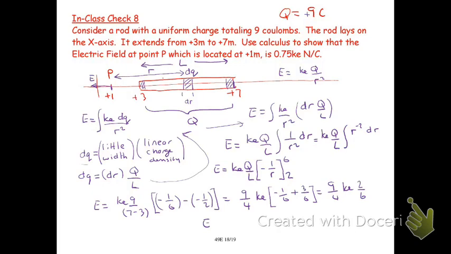Whoa, I did something wrong there. 9 2s are 18, 4 6s are 24. 18 over 24, which is 0.75 KE newtons per coulomb.